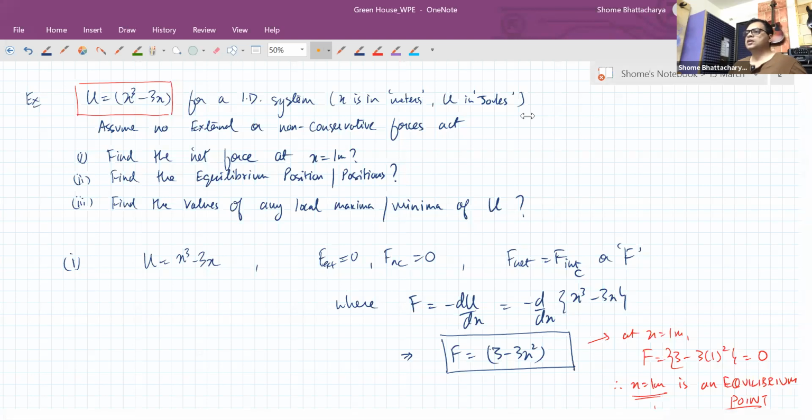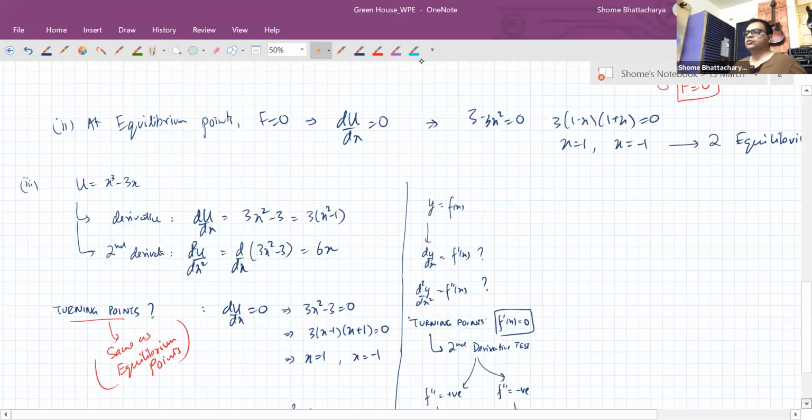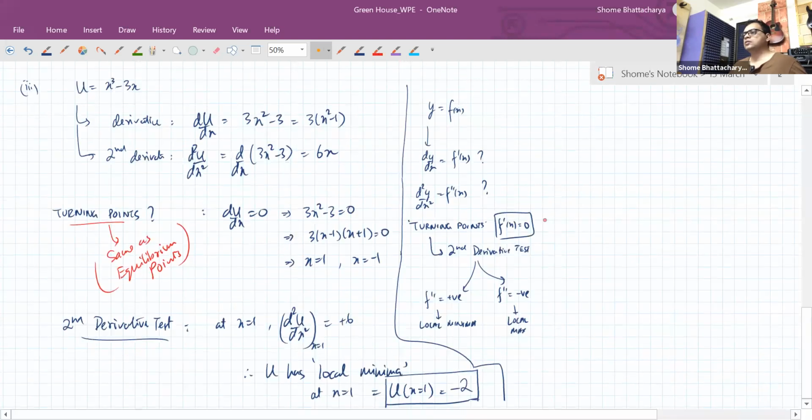Yeah, Karan, I'll explain the concept of turning point again. So for any function, turning points are points where the function's behavior turns. So the slope becomes 0.